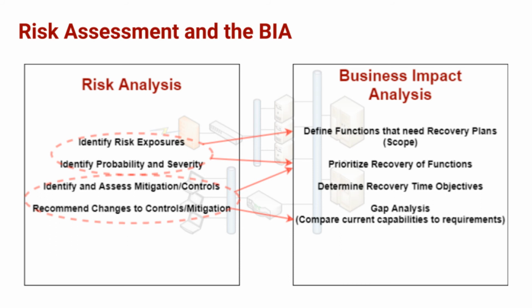You can see how understanding your controls and mitigation would be very important for doing a gap analysis that's centered more on your ability to recover than on your ability to control. And I would even go so far as to say that as the technology and business practices of disaster recovery continue to advance, that line between mitigation strategy and recovery strategy is just going to continue to blur.